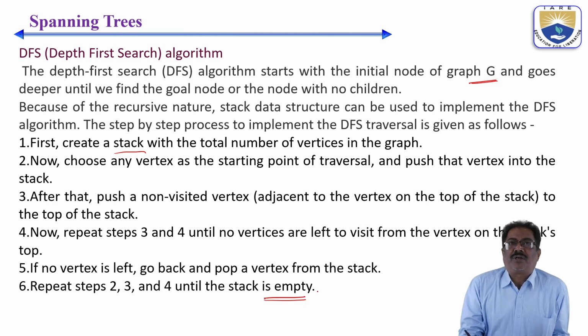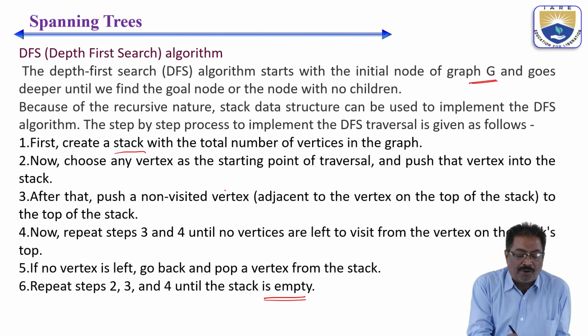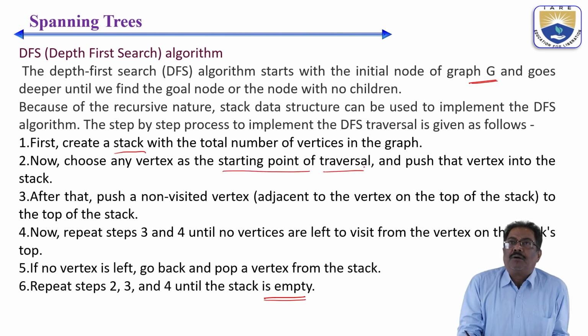So first of all, we have to create a stack with the total number of vertices the original graph has. Now choose any one vertex as the starting point of the traversal and push that vertex into the stack. Then push a non-visited vertex to the top of the stack.